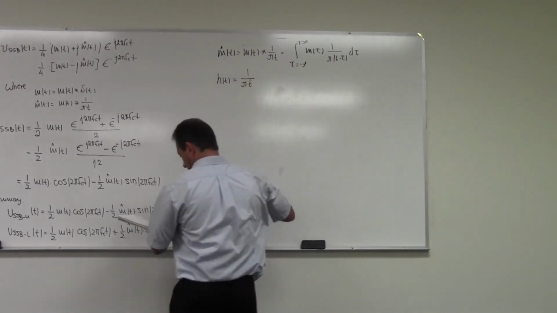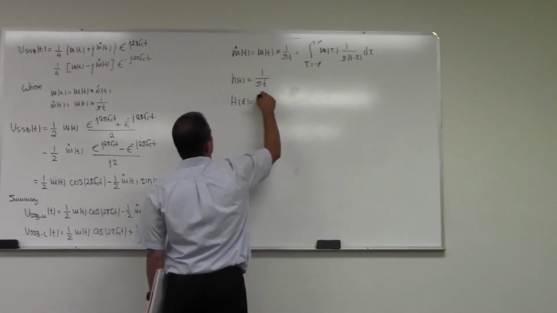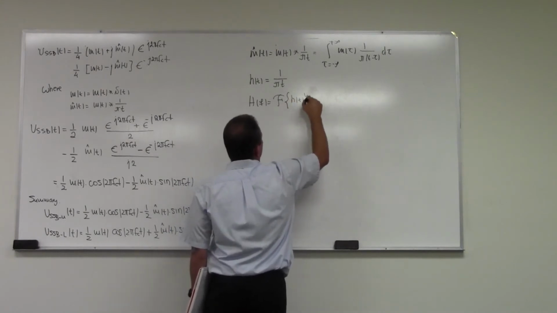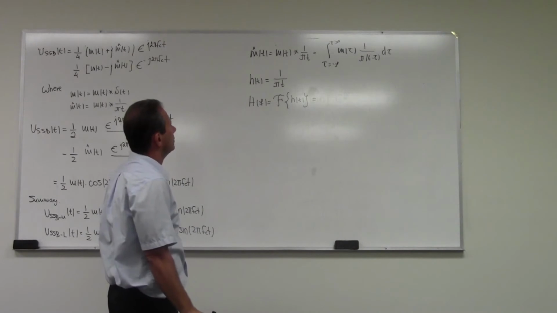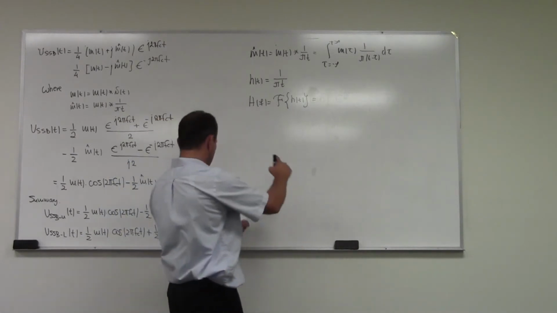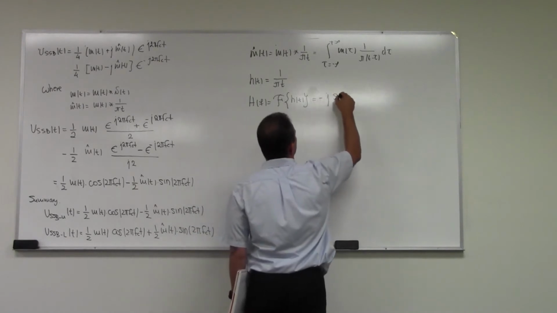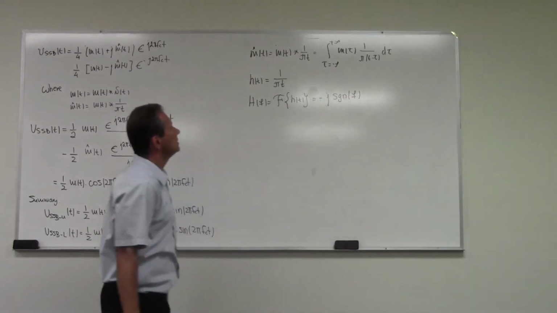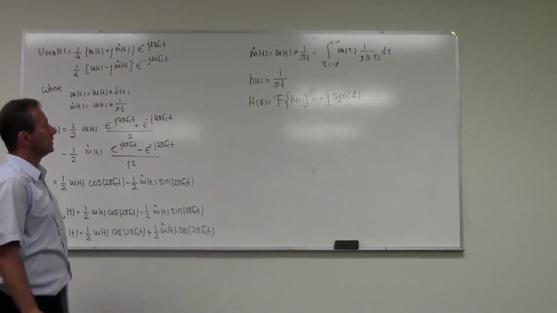The frequency response of this filter, H of f, is going to be the Fourier transform of h of t. And after a little bit of work, you obtain that the Fourier transform of this is minus j sign of f. So this is the frequency response of this filter.